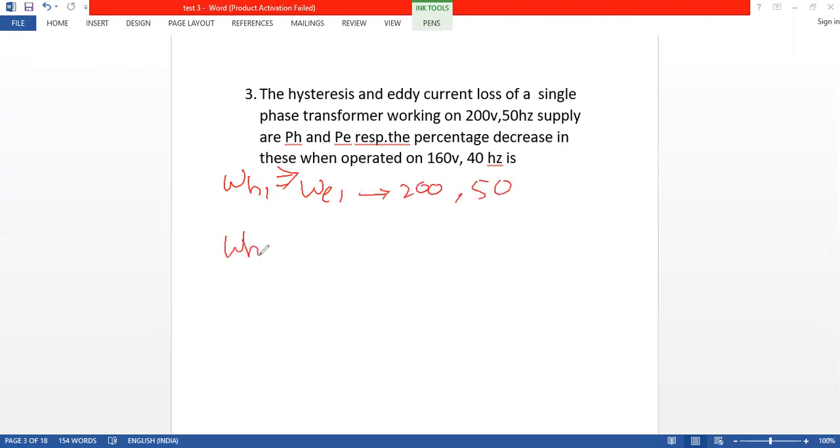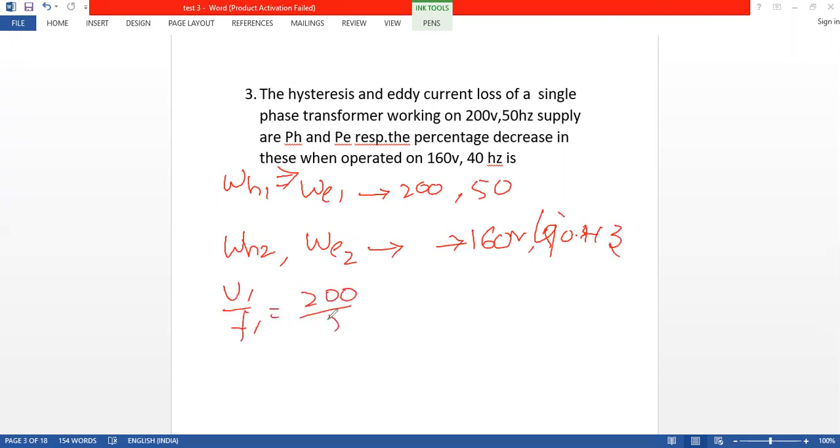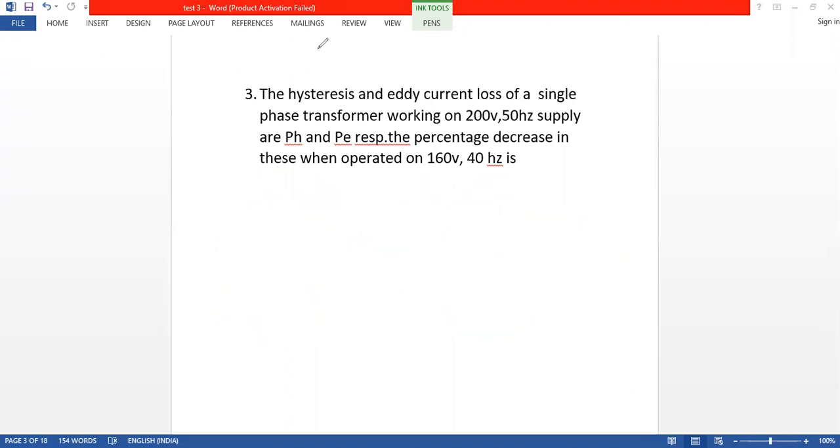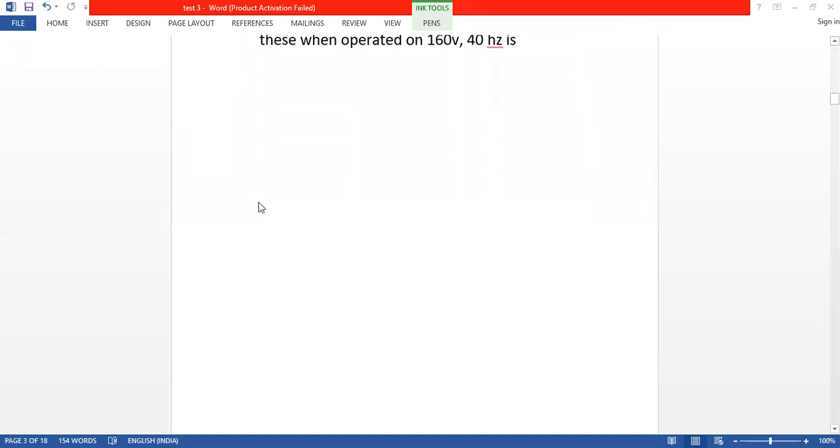What is the decrease for W hysteresis 2 and W eddy current 2 now for 160 volt, 40 Hz? See, first find V1 by F1, 200 by 50, that is 4. V2 by F2, 160 by 40, it is also 4. Just a few minutes back, I told you the formula for eddy current and hysteresis. So V by F ratio is constant.